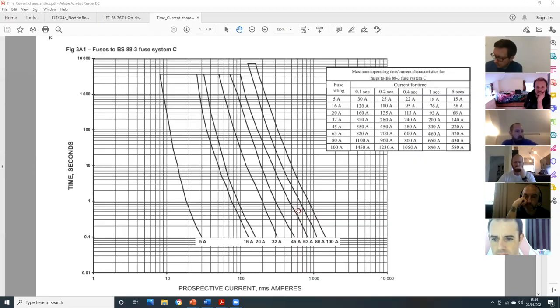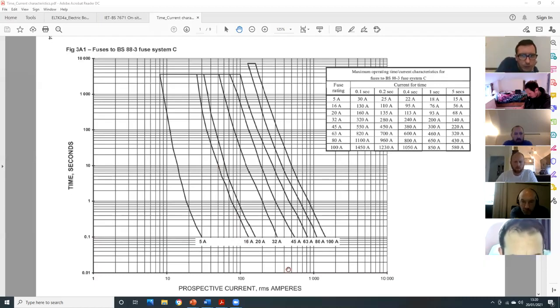A different but similar question is: what current would be required to operate that same 16 amp fuse in 0.4 of a second? Danon, if I ask you to unmute and have a stab at that one. I'm going to say 95 amps, roughly. I've got that written down as well.